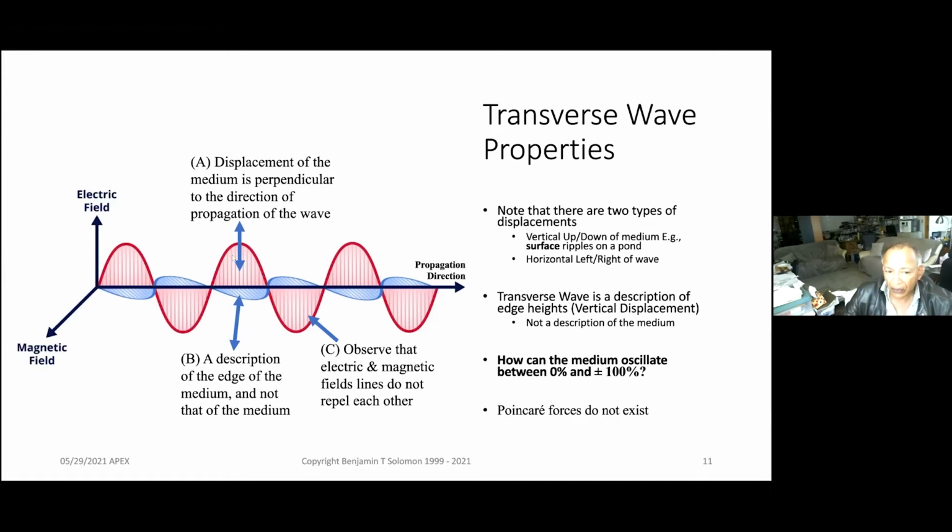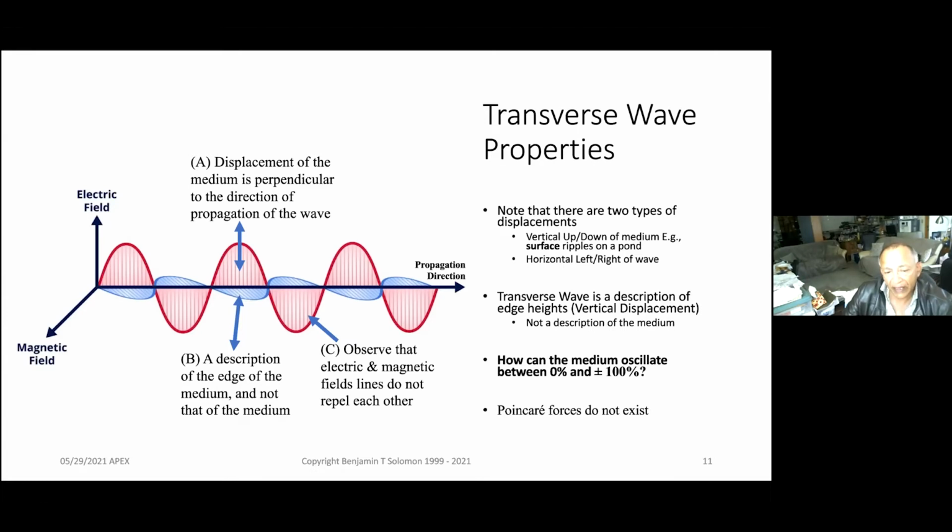Then you cannot have a transverse wave where the energy goes from 0 to 100%. The total energy is the same, but individually, if you look at the electric and magnetic field energies, they're going from 0 to plus or minus 100%. Current theory basically says that doesn't matter, but it does, because nature is exacting at every level of detail.